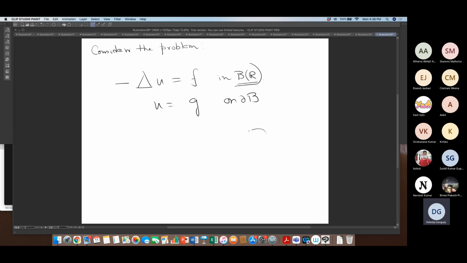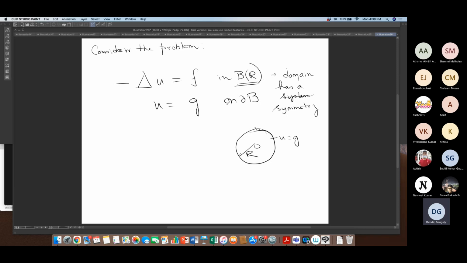This ball has an orthogonal symmetry. Okay, so this is the boundary, and it is given U equal to G. Let's say a ball of radius R. We want to study minus Laplacian U equal to F in B_R and U equal to G on the boundary of B_R.